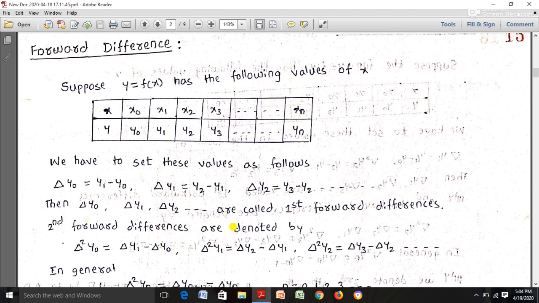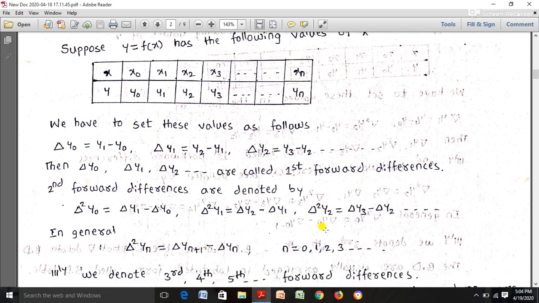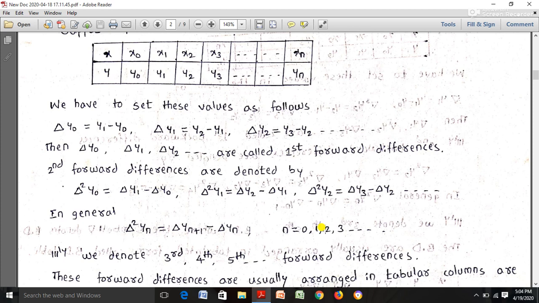Second forward differences are denoted by delta square. Delta is the first forward difference, delta square is the second forward difference. Delta square y0 is delta y1 minus delta y0, delta square y1 is equal to delta y2 minus delta y1, delta square y2 is equal to delta y3 minus delta y2.